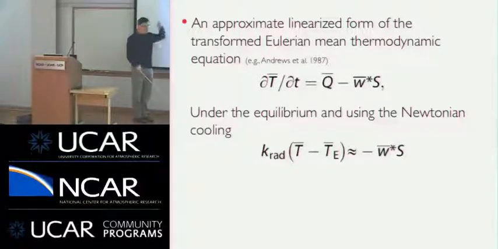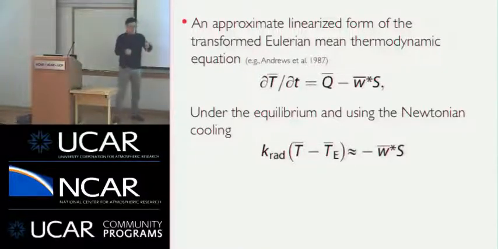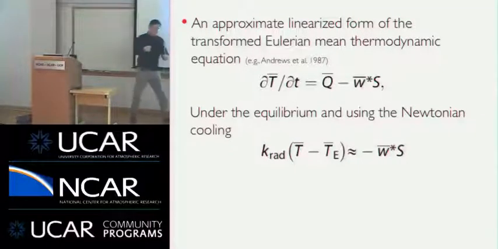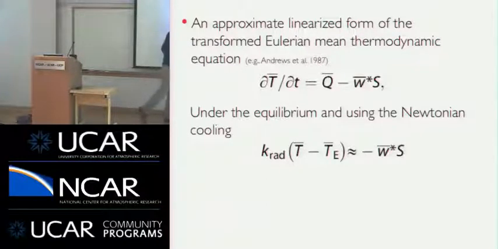If the circulation changes, like a strengthening of the Brewer-Dobson circulation, so if W star increases, you would expect this to decrease, and if this decreases, you would expect this to increase. The Brewer-Dobson circulation moves air up in the tropics, then down at higher latitudes. If it strengthens, you would have positive W star in the tropical region but negative in the extratropical region. So you would expect a decreasing temperature trend in the tropics, and a positive one in the extratropics from the strengthened downward motion.